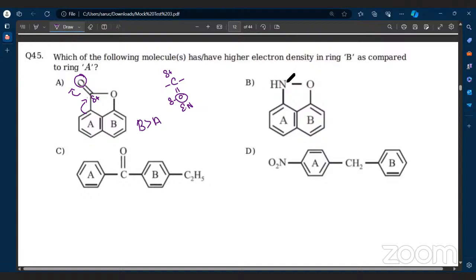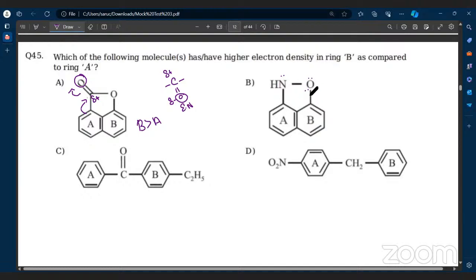Here you have NH and you have oxygen. Nitrogen has one lone pair, oxygen has two lone pairs. But when I compare, the electronegativity of nitrogen is less than that of oxygen.